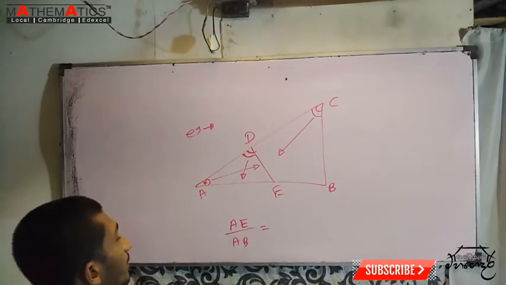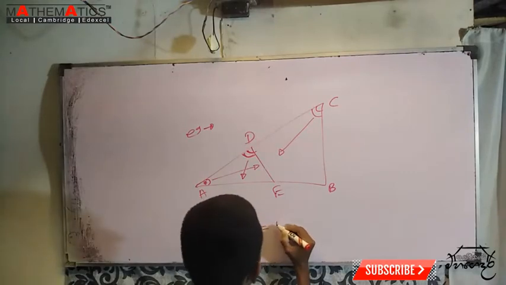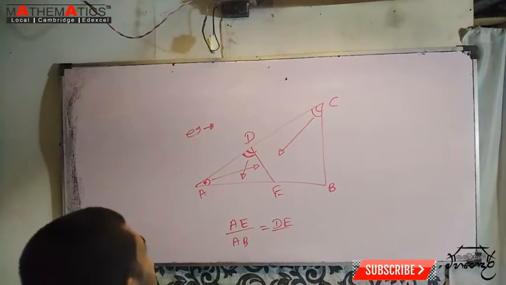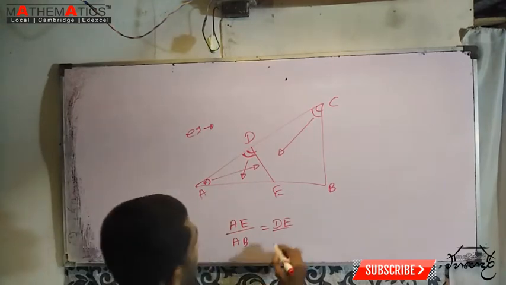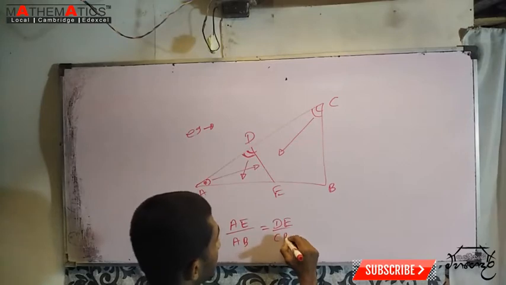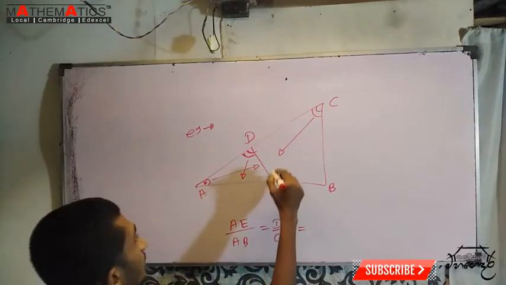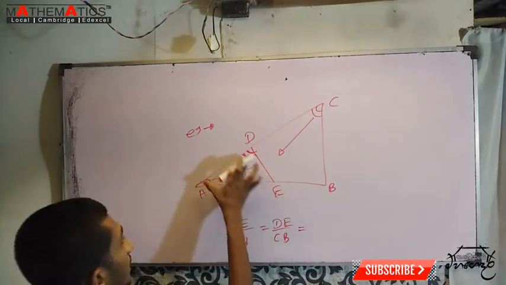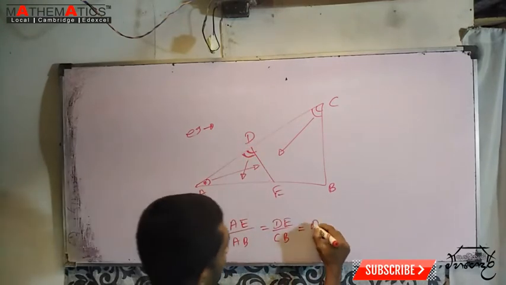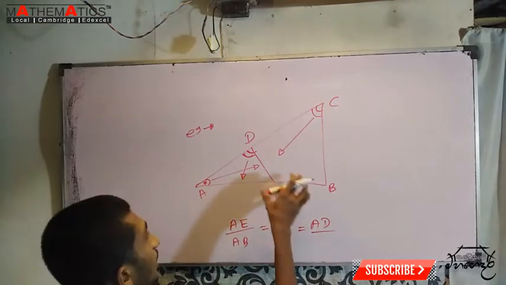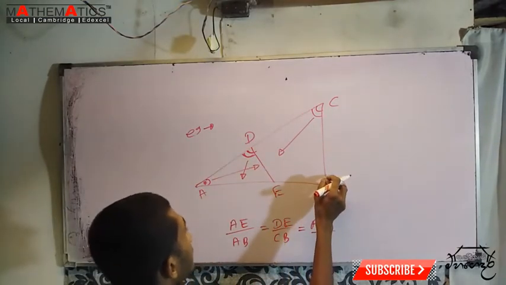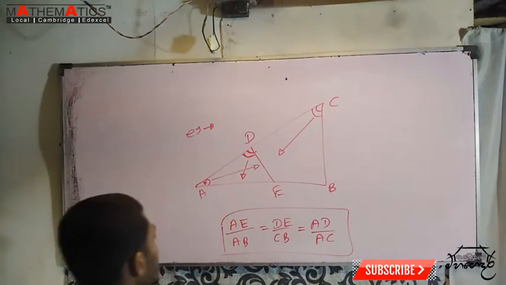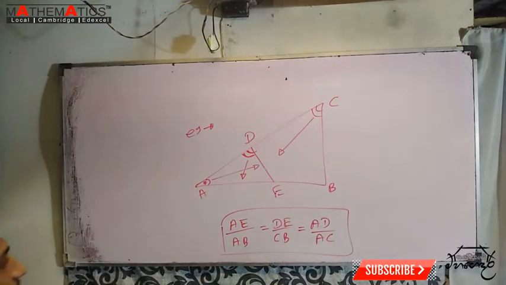It should be DE, over the opposite side of the common angle of the large triangle, which should be CB. What is the opposite side of the remaining angle of the small one? It should be AD. And the remaining angle of the large one? It should be AC. Now you can pick a relationship between the sides by using the equiangular triangle method.